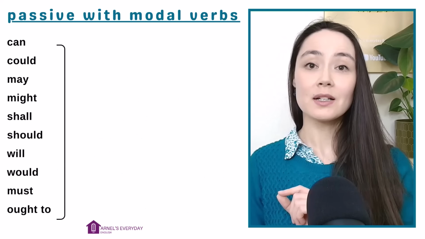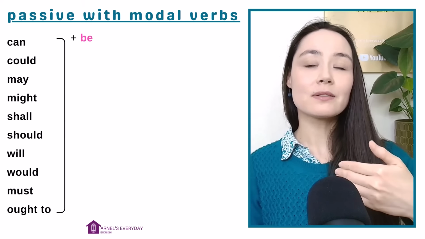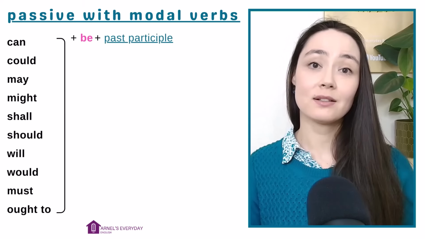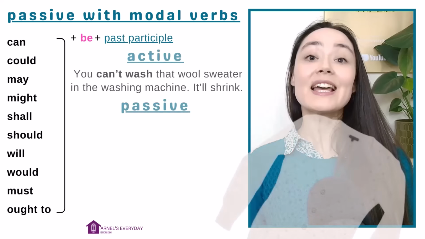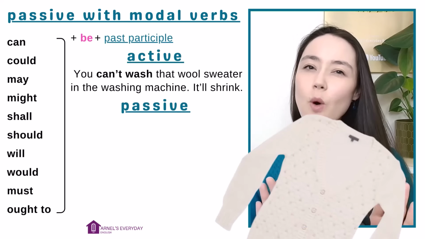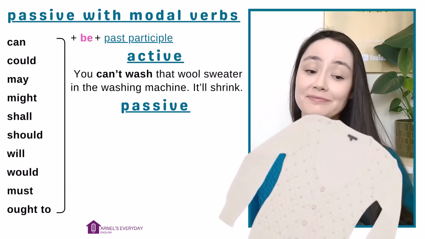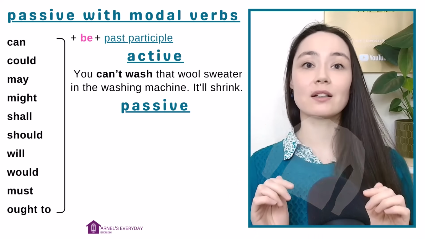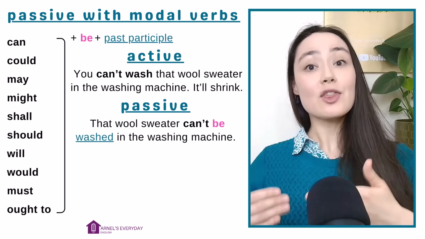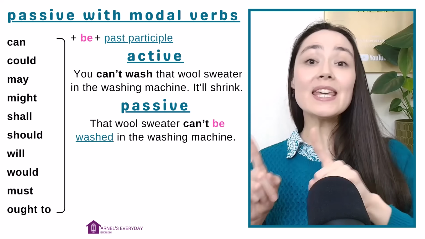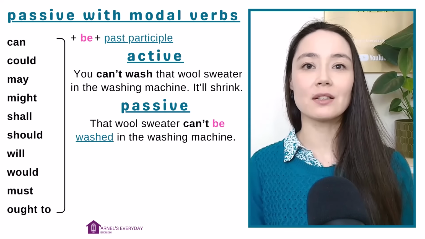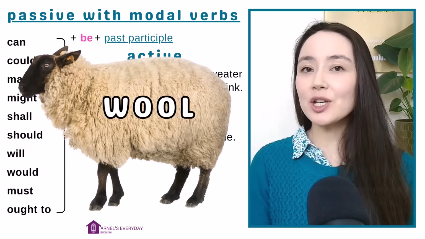Modal verb plus be plus, you guessed it, the past participle. Active. You can't wash that wool sweater in the washing machine. It'll shrink. Passive. That wool sweater can't be washed in the washing machine. And wool is sheep hair.